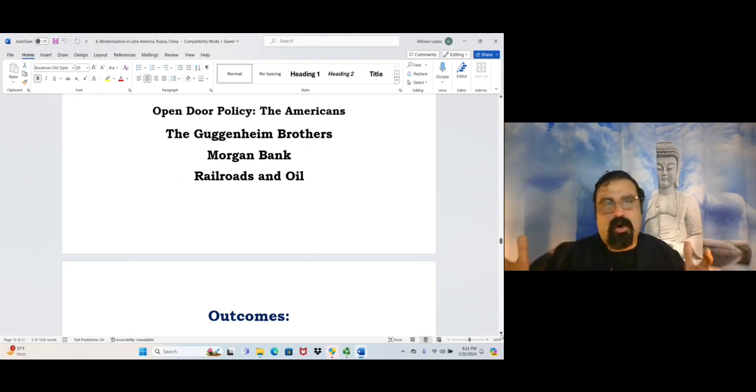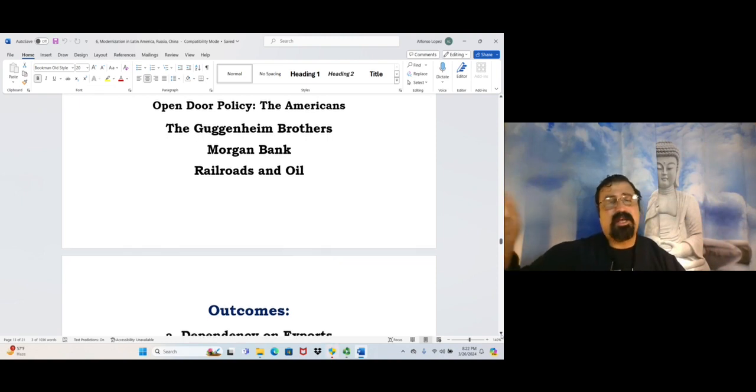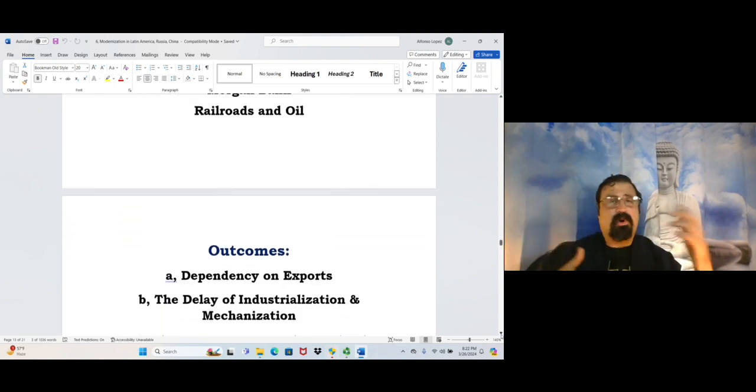The Morgan Bank is going to come in and bring finance, loans for the development of enterprises and industries within Mexico. Railroads, like the Pennsylvania Railroad, will be building the Mexican railroad north to south in order to export the materials out of Mexico into the United States. And of course, American oil companies will be developing the oil industry in Mexico as well.